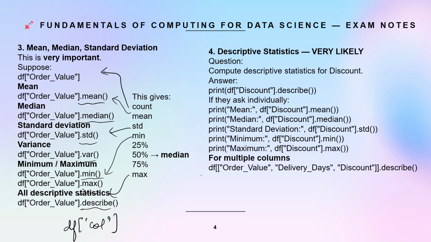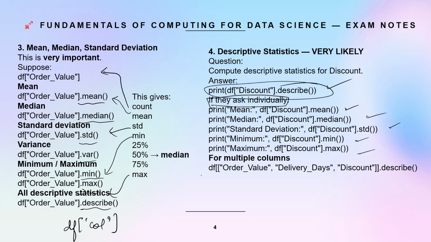Now, descriptive statistics: compute descriptive statistics for discount. Let's say you take a column name and you write dot describe. So you can write it like this, as a single query. If they ask individually, then you can write dot mean, median, std, min, max.